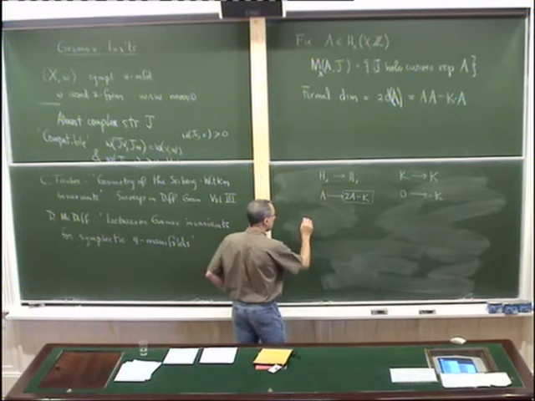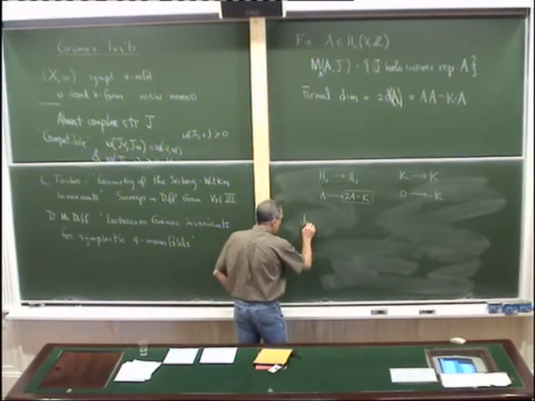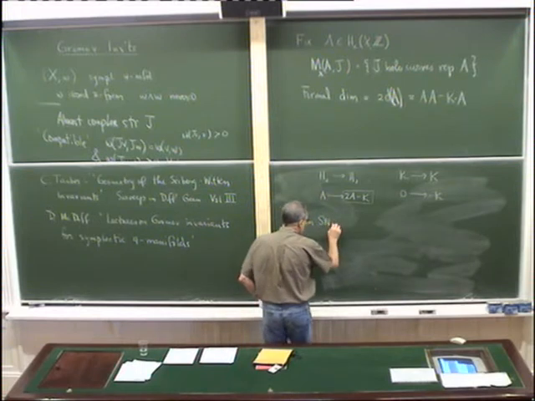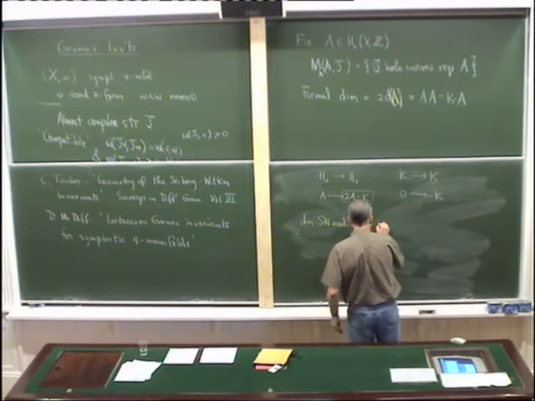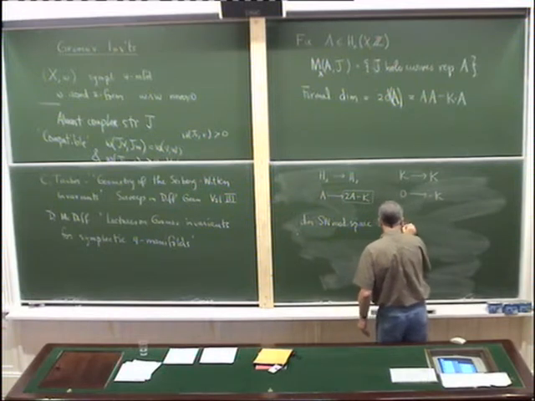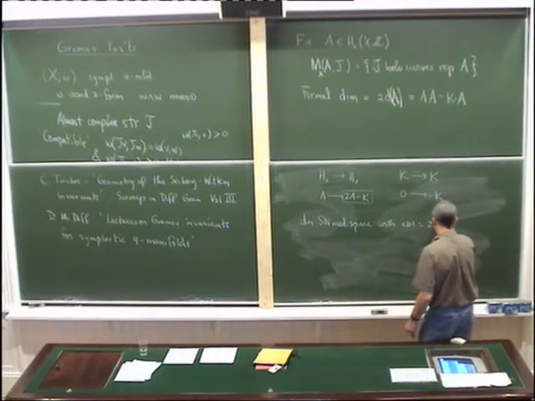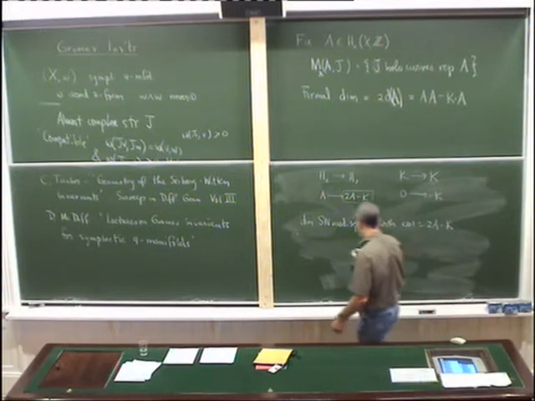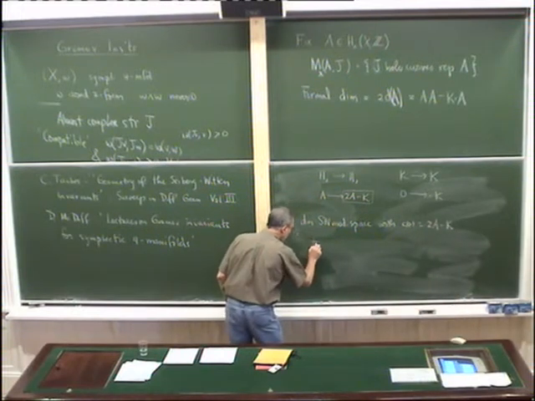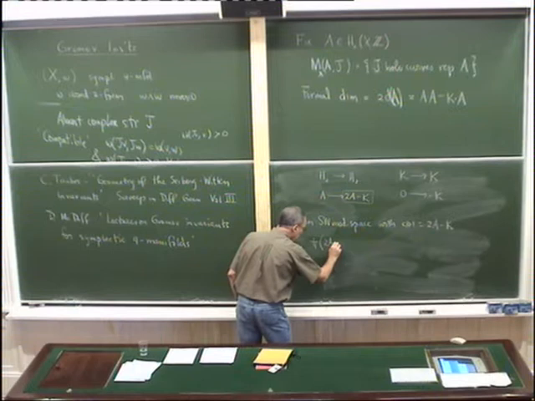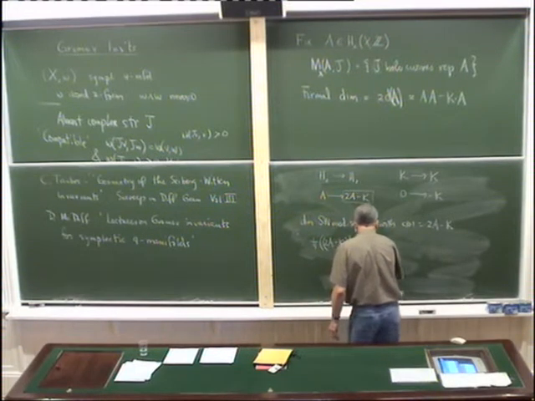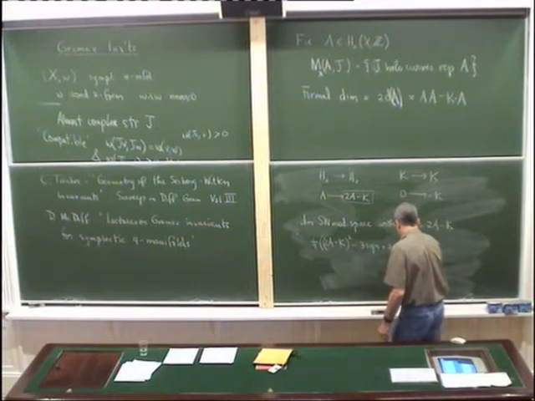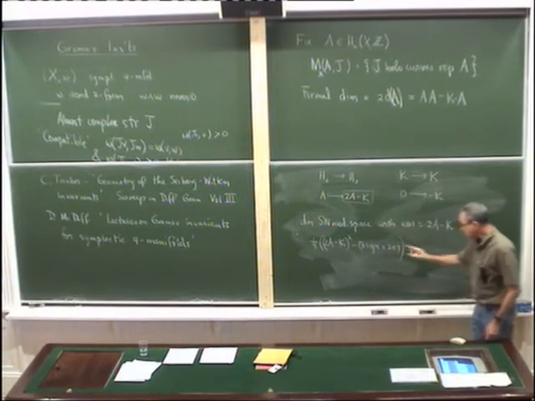So the dimension of the Seiberg-Witten moduli space with C1 of S equals 2A minus K is going to be 1/4 of (2A minus K) squared minus 3 times the signature plus twice the Euler characteristic of X.